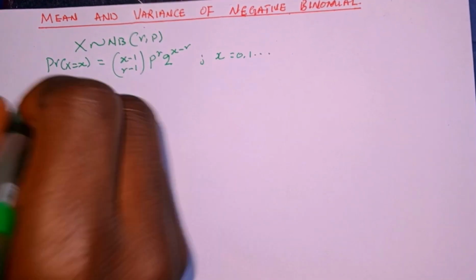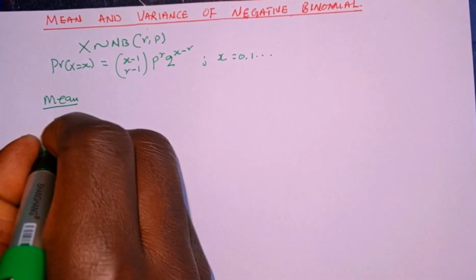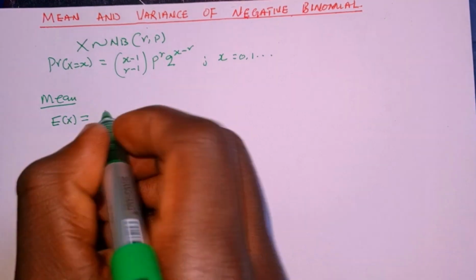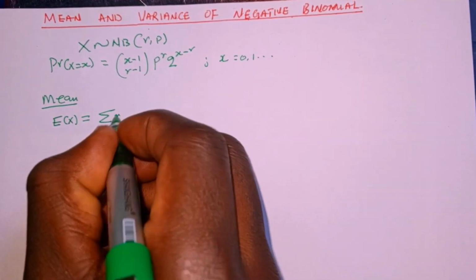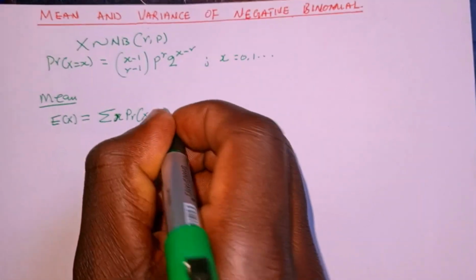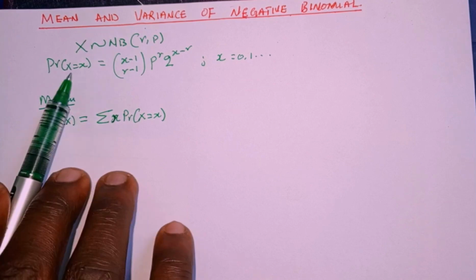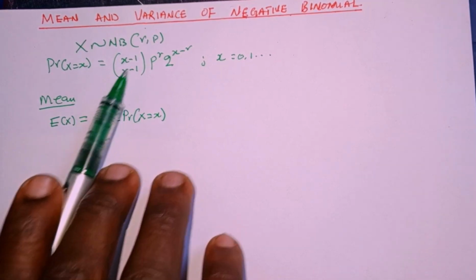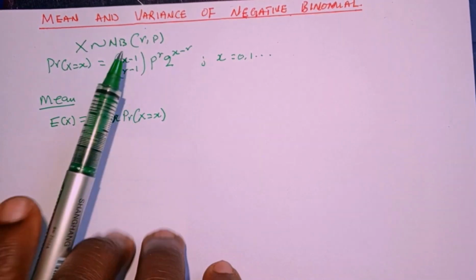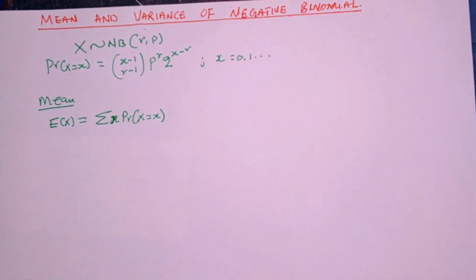So we are looking for what? The mean, which is the same as the expected value of X, which is equal to the summation of x multiplied by probability of X equals x. And from above, the probability of X equals x is the same as x minus 1 combination r minus 1 multiplied by p to the power of r, q raised to the power of x minus r.